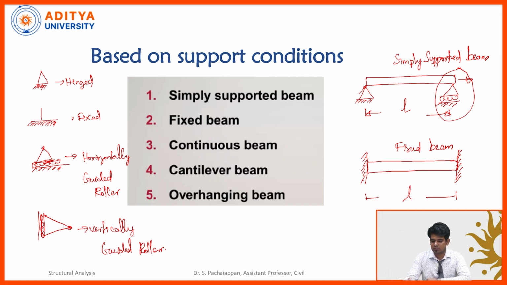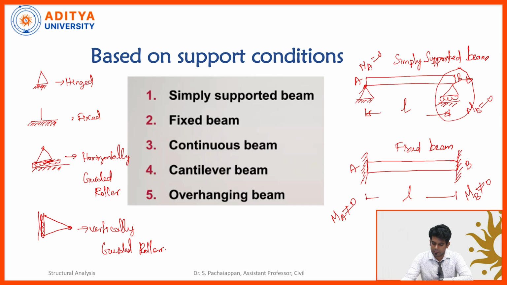Let's give some names for this: A, B. Here also let's give A, B. Now at support A, the moment is 0 because it's simply supported. The moment at B is also 0 because it's simply supported. But in a fixed beam, MA is not equal to 0 and also at support B, the moment is not equal to 0.